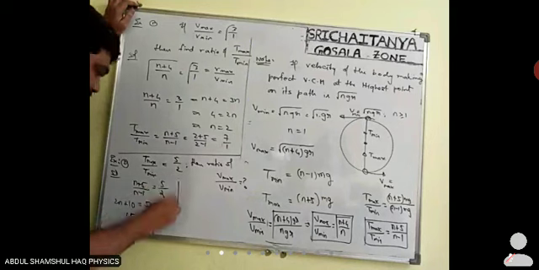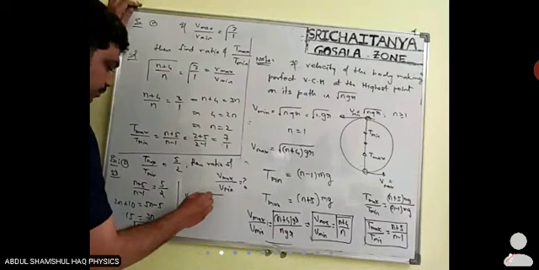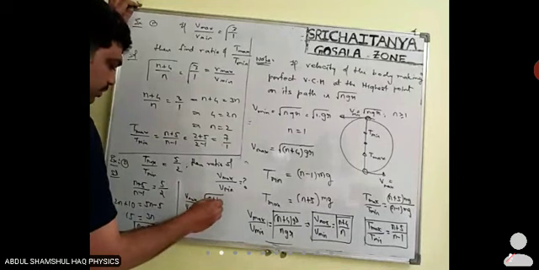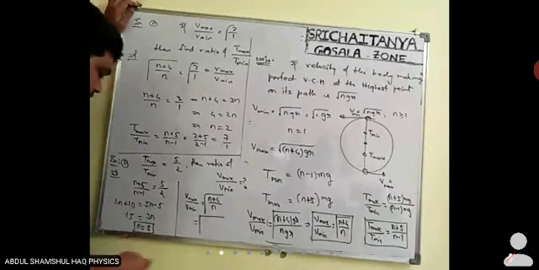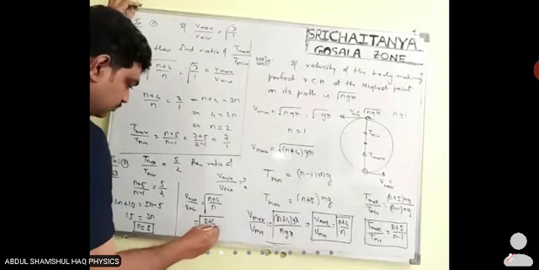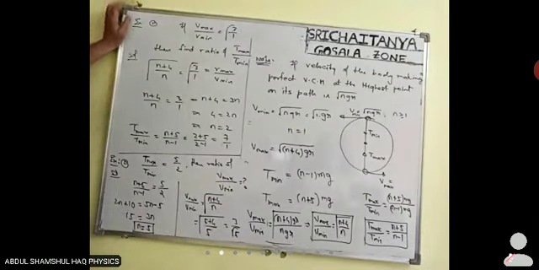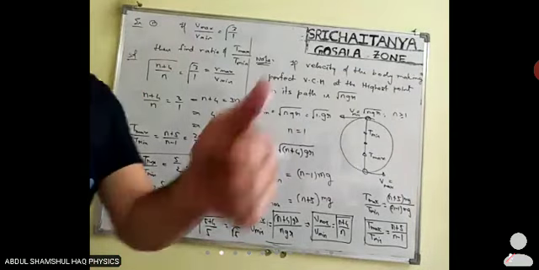If we get n equals 5, so V maxima to V minima in this case will be root n plus 4 by n. n is 5. 5 plus 4 by 5, that is 3 upon root 5. Yes, very good.